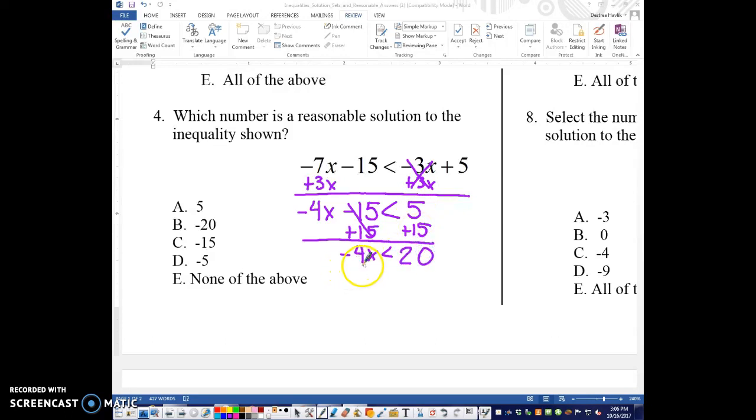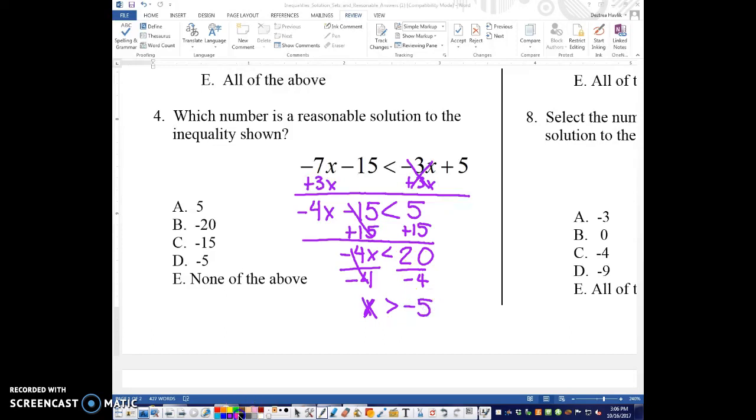Okay. Now we need to do what? Divide by negative 4. Now remember, what happens when you divide by a negative with inequalities? The sign flips. So 20 divided by negative 4 is negative 5.